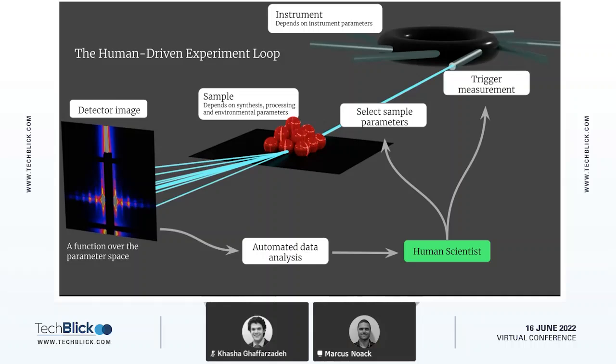And the human would try to figure out trends and patterns, and then try to go in directions of this parameter space that seem interesting, or where the scientist deems a favorable characteristic of a material to be present. Then the instrument is steered to these areas, the right sample is prepared, and then the measurement is triggered.